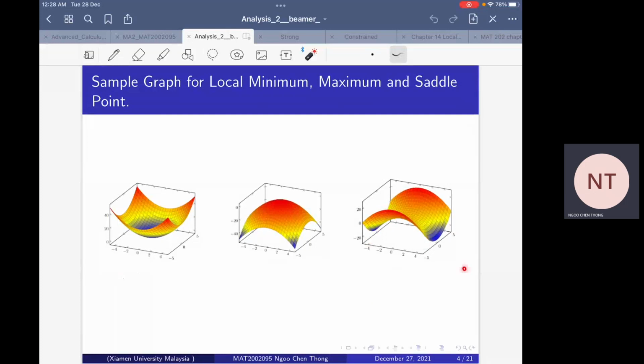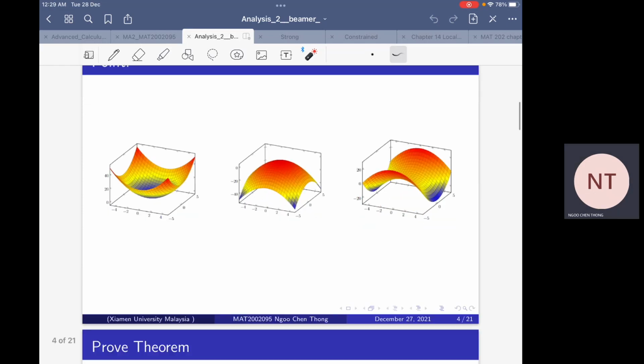If you see this graph in this other direction, we can see this curve here, and this point is a local minimizer. So this point is a local maximizer in one direction and a local minimizer in another, so it cannot be a local maximizer and a local minimizer at the same time. In this case, we call it a saddle point.